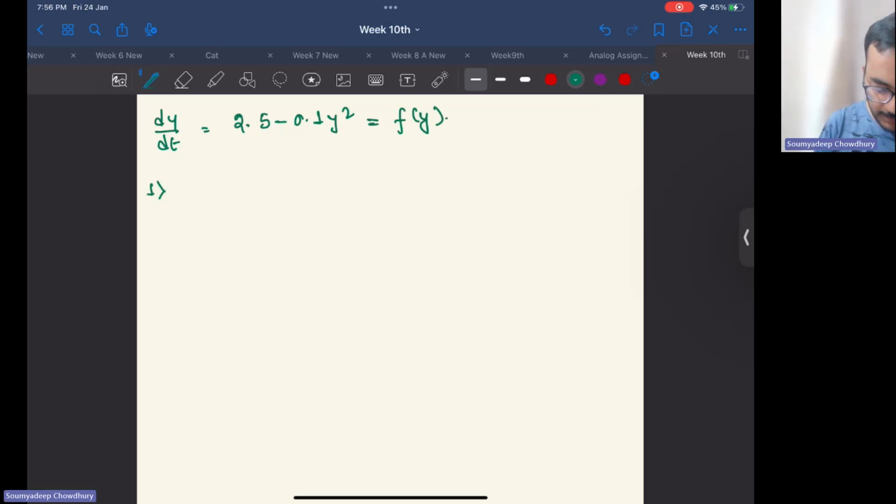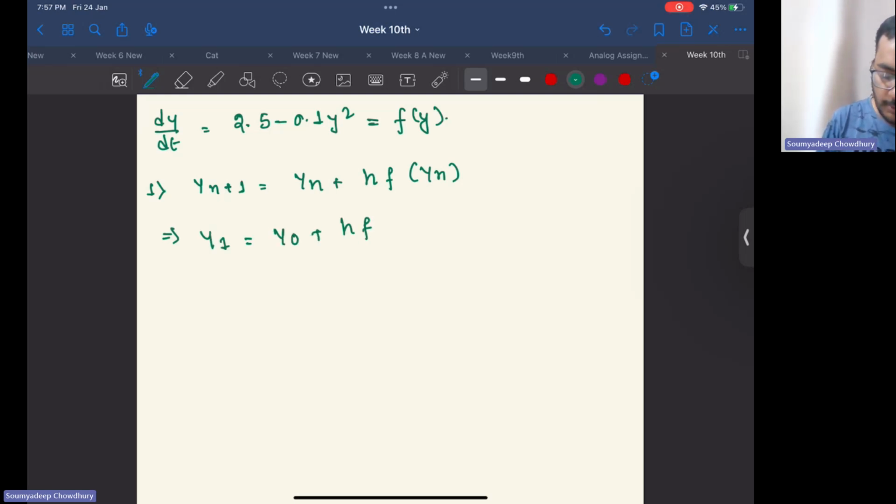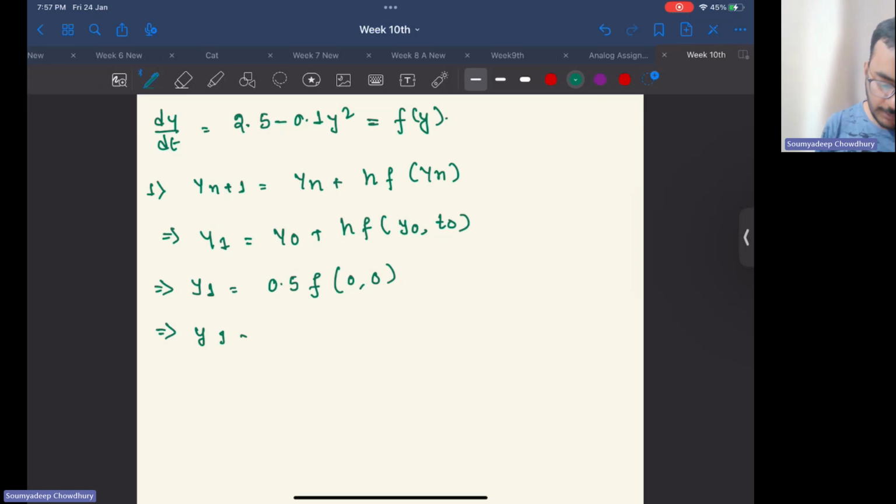The first step is y_{n+1} equals y_n plus h f of y_n. For n equal to 0, y1 equals y0 plus h into f of y0 comma t0, where y0 is given as 0, h is 0.5 and f is 2.5.